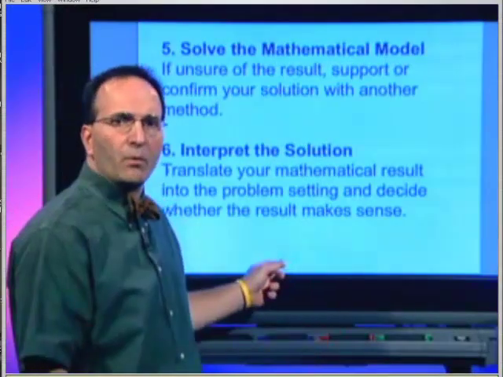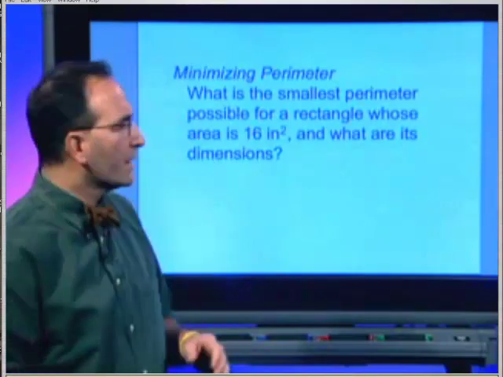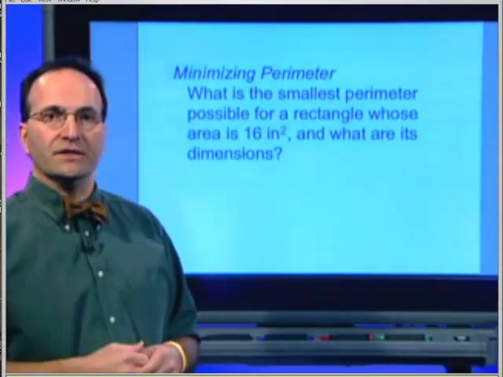Let's look at an example where we apply this method to solving a real-world problem. Minimizing perimeter. What is the smallest possible perimeter for a rectangle whose area is 16 inches squared? And what are its dimensions?